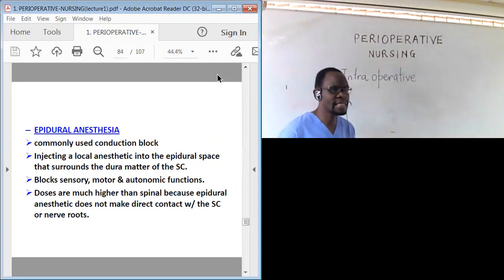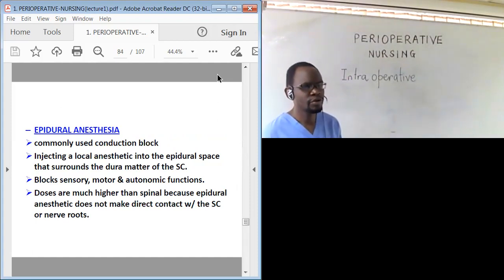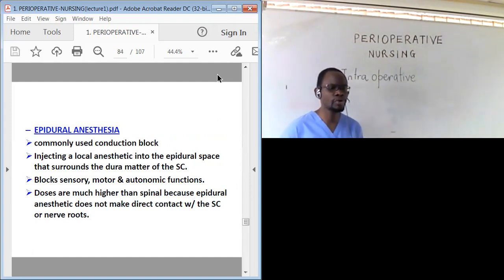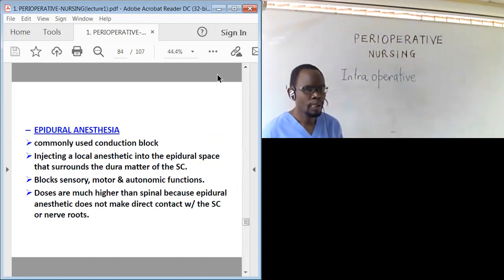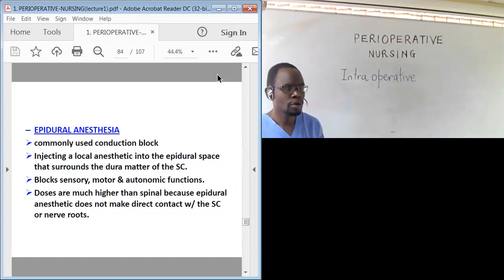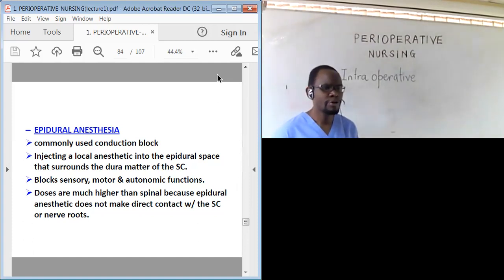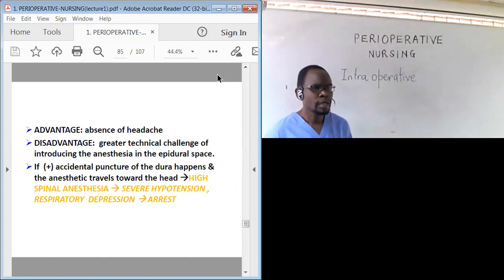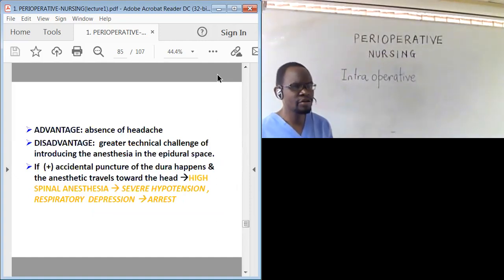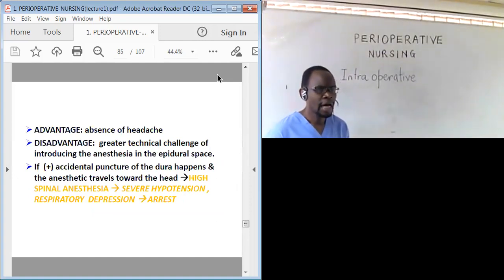Doses are much higher than spinal, because epidural anesthesia does not make direct contact with the spinal cord or the nerve roots. So in epidural, doses are usually higher. Now, the advantage is that usually there is no headache. And the disadvantage is that it is a greater challenge to introduce the anesthesia into the epidural space.